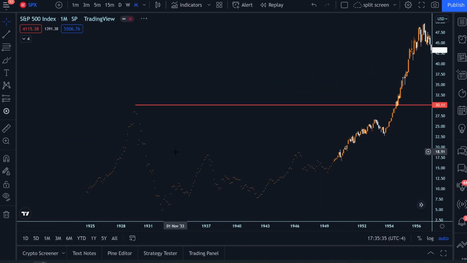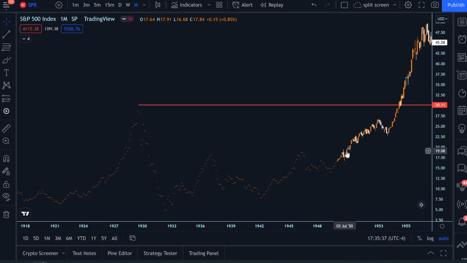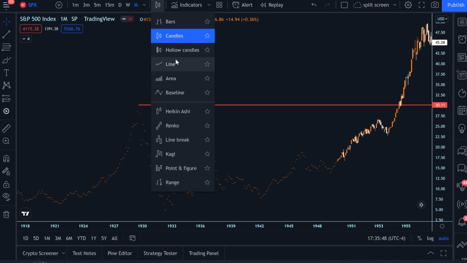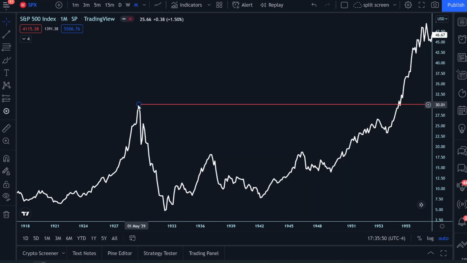Let's scroll all the way back. We don't even have intraday candlesticks when we go this far back. This is 1929. So to make things easier, let's just turn on a line chart. This is what we're looking at. We're looking at a peak at $30 back in 1929, and then a crash all the way down to $4.